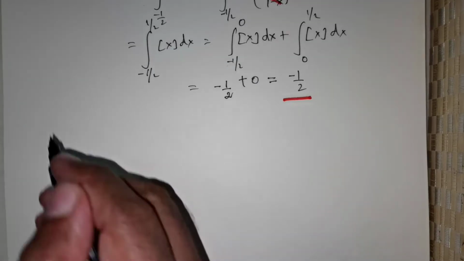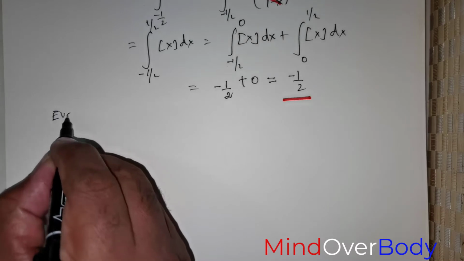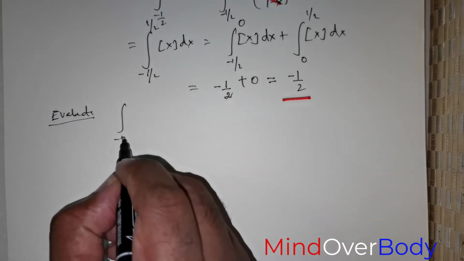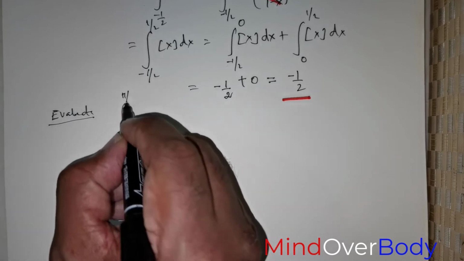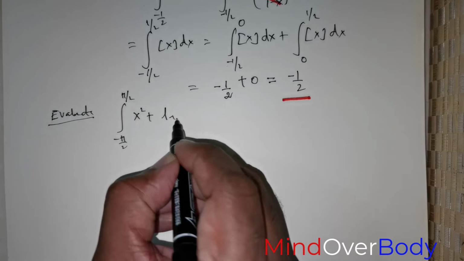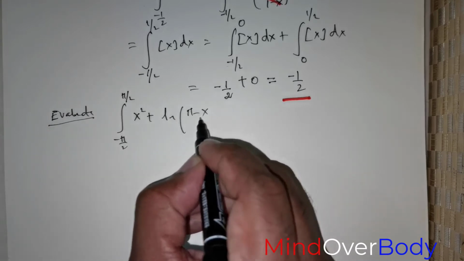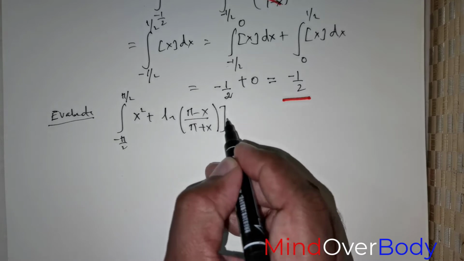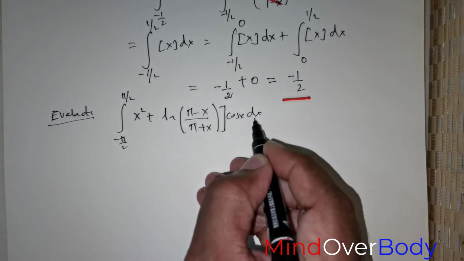Students, we are given this question. It's a beautiful question: evaluate the integral from negative pi over 2 to positive pi over 2 of x squared plus ln of (pi minus x over pi plus x) times cos x dx.